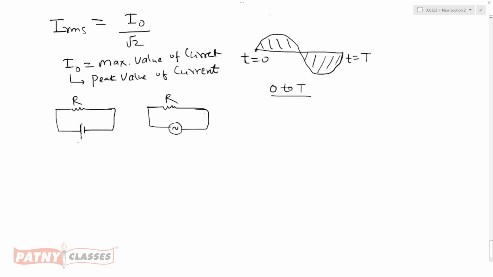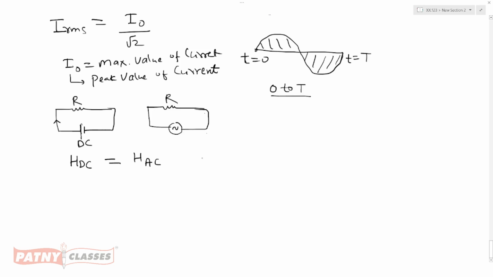Here I have the DC circuit and the AC circuit. In DC circuit, while current is flowing, the heat is produced. The heat produced can be denoted by HDC. And while current is flowing in AC circuit, the heat produced is nothing but HAC.